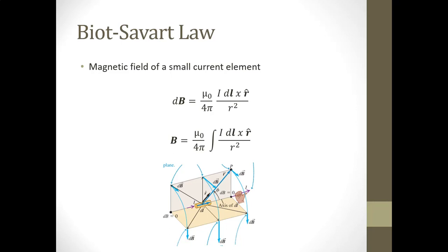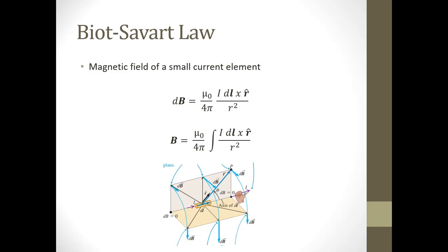What happens is, if we think of what q times speed would really be, remember I is really q divided by time, so really dl divided by time is speed, so we do have the exact same equation here. And so the magnetic field caused by this little part of wire is equal to mu naught divided by 4 pi I times dl cross r.